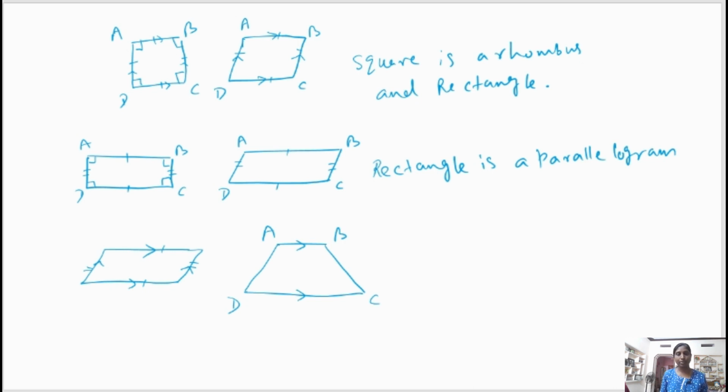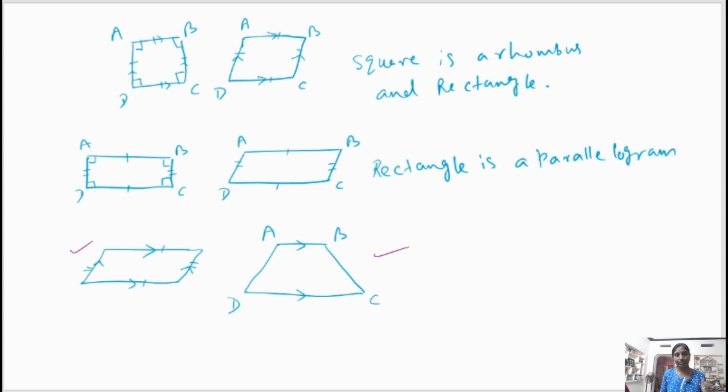But in a parallelogram, two pairs of opposite sides are parallel, and in a trapezium, one pair of sides is parallel. See, here it is a parallelogram, and it is a trapezium.